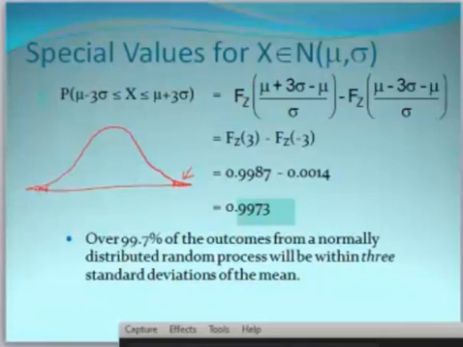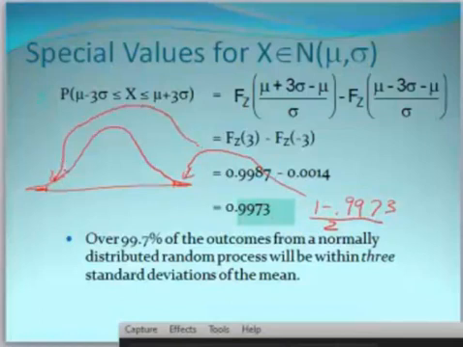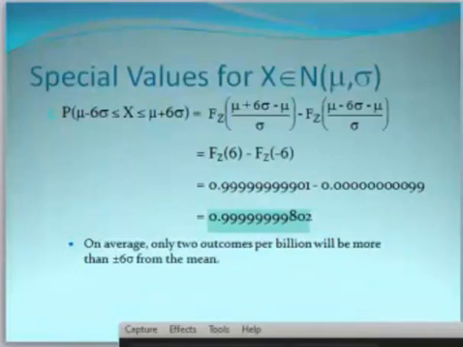So you can see that you take this value from 1, so 1 minus 0.9973 divided by 2 is going to be this area right here, and the other one will be the same area. So I think those are important special values, and the final important special value is 6 sigma, right?